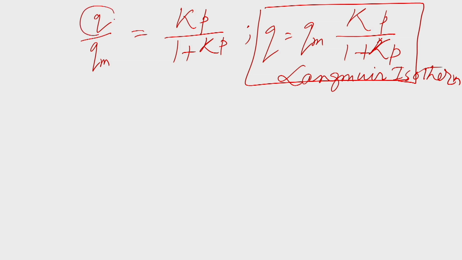Here Q is the amount adsorbed per unit mass, whereas Q m is the maximum capacity.